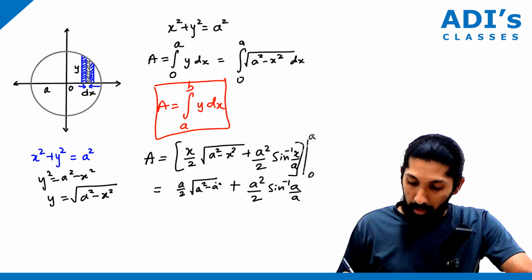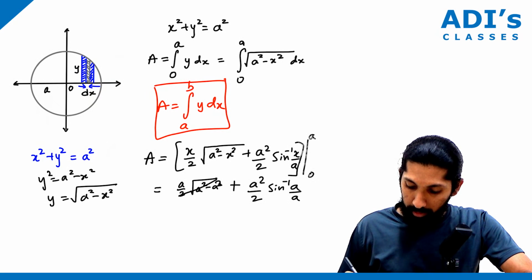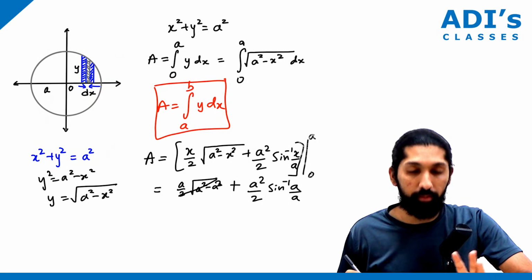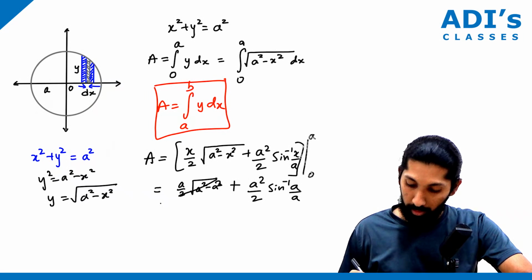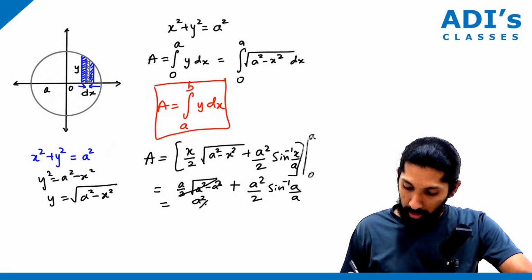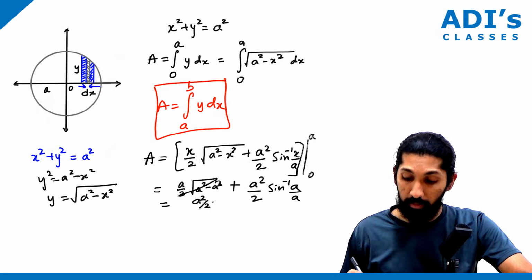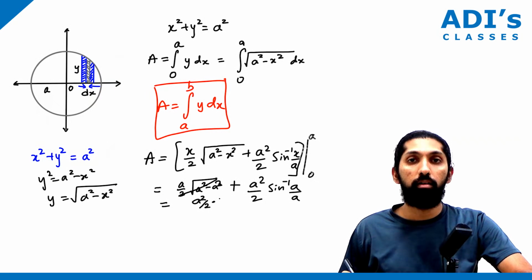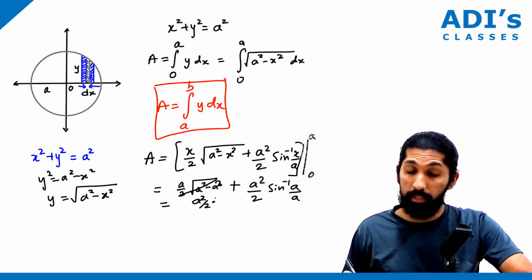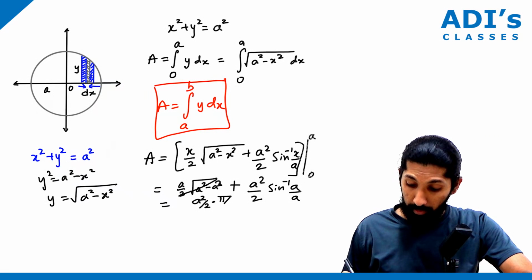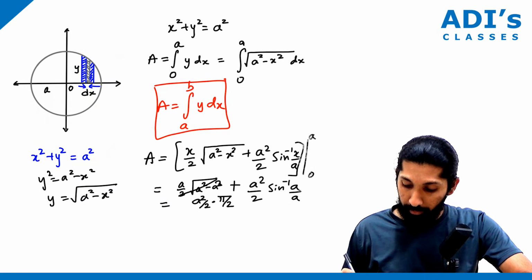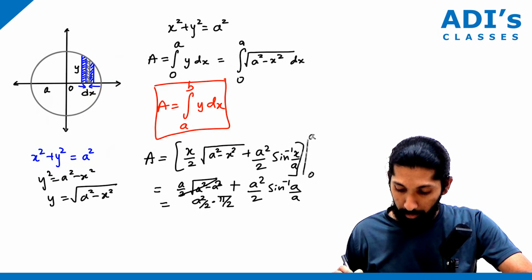Now, a square minus a square is 0, so 0 into this one is gone. So what are you going to have? Just a square by 2, because sine inverse of a by a is sine inverse of 1. Sine inverse of 1 is pi by 2. So we got a square by 2 into pi by 2.